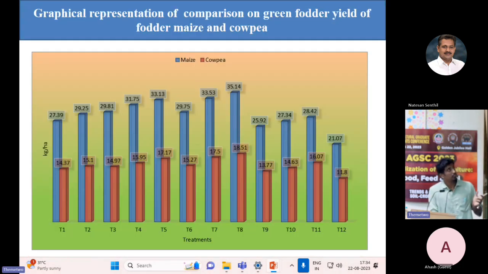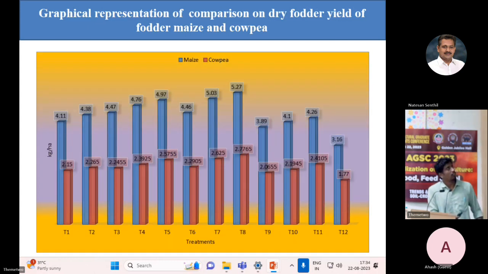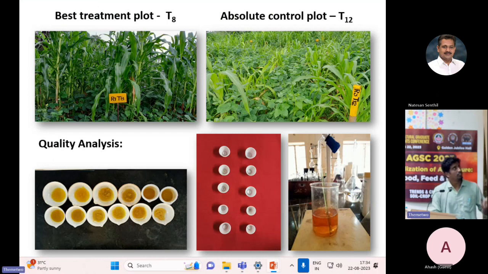And this is the comparison of green fodder yield. This picture clearly depicts the difference between the best treatment, that is the 20 kg of humic acid application with 125% of the RDF, and the next one, T12, absolute control.